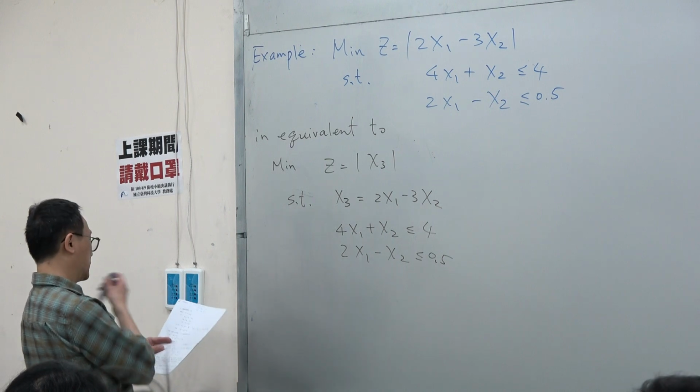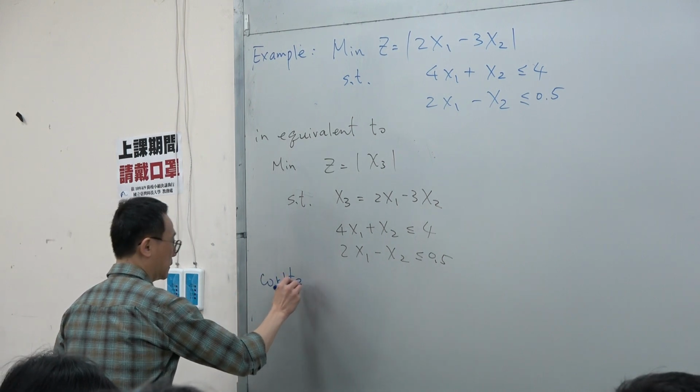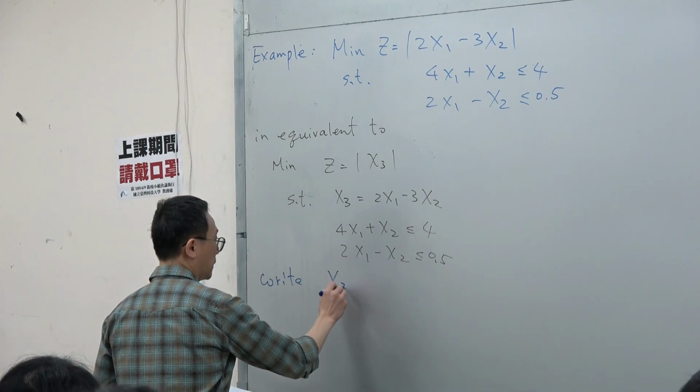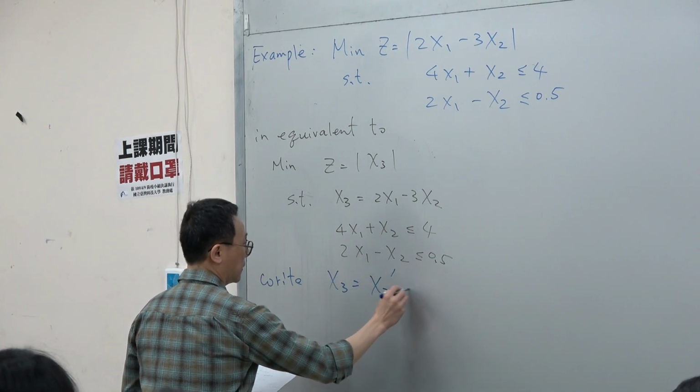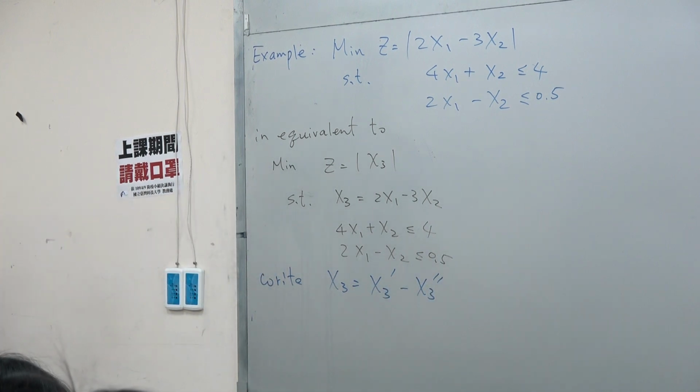The following discussion is that we can write down x3 as x3 prime minus x3 double prime.